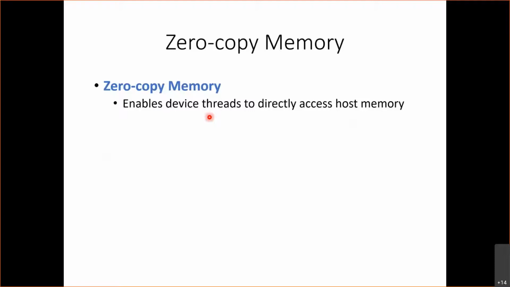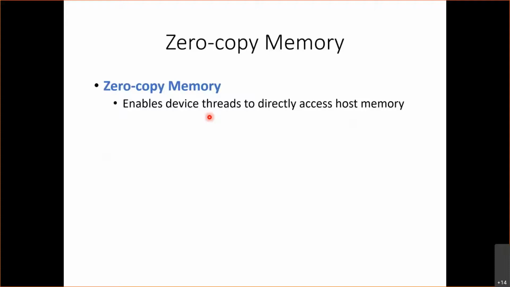What happens when we do something like that is that when a thread running on the GPU tries to access a memory address that points to data that is on the CPU, the runtime system on demand will copy that data from the CPU memory to the GPU memory and serve it to that thread.